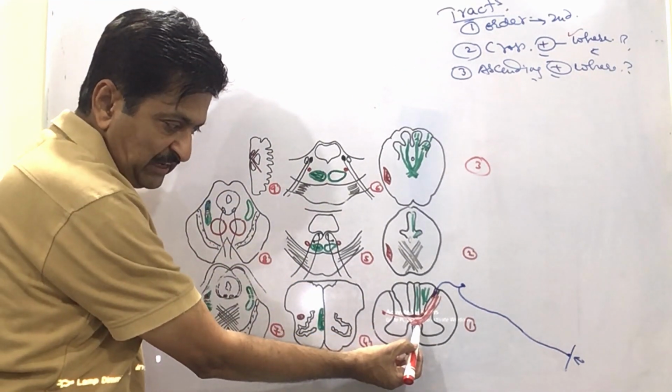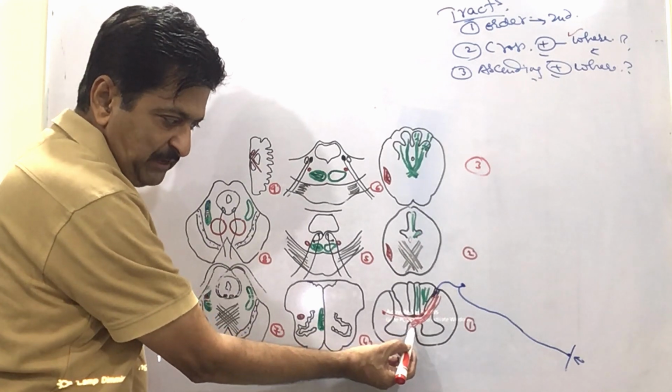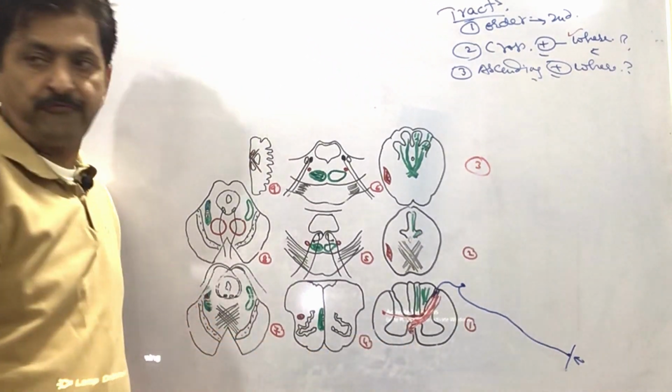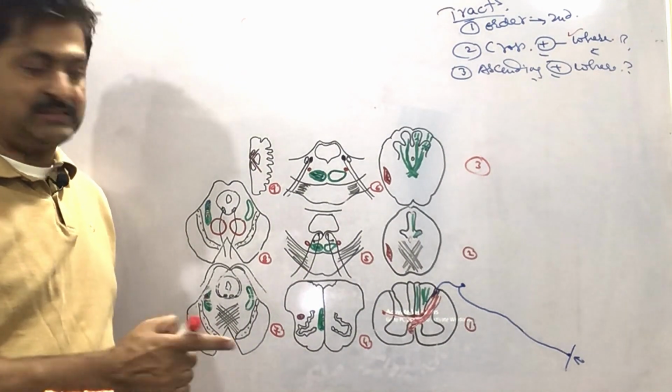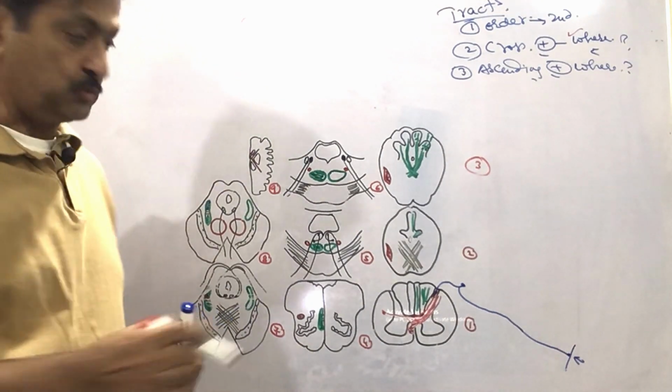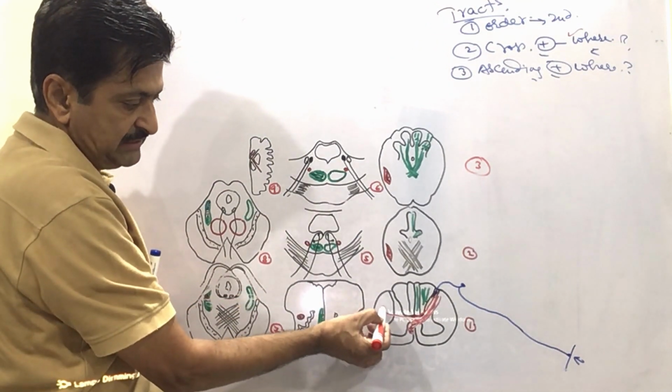But those that have crossed in the anterior white commissure will ascend in the anterior white column of the opposite side of the spinal cord. So they will be going like this.